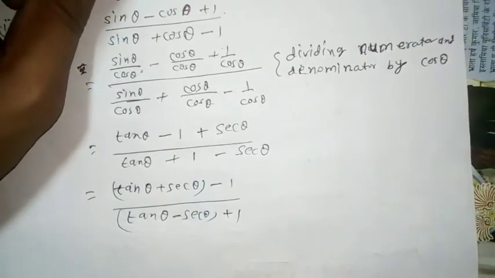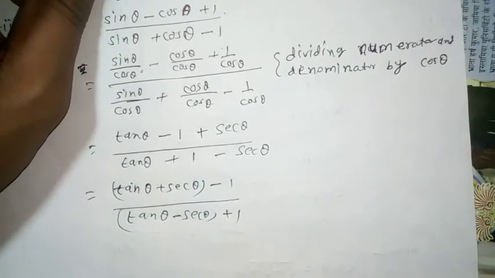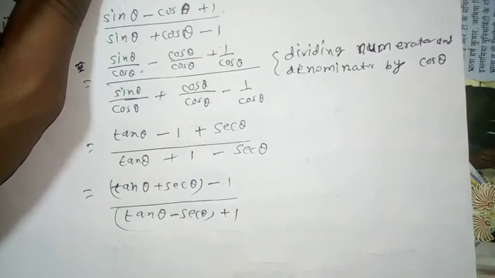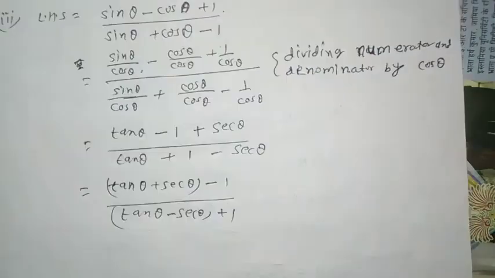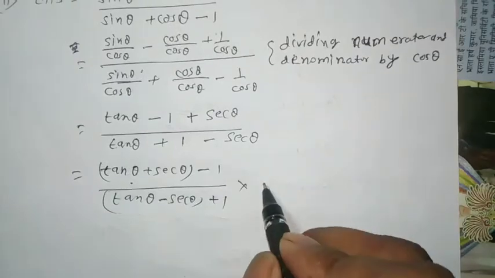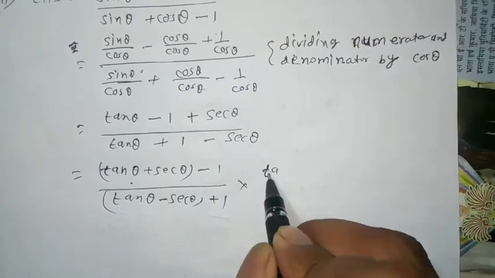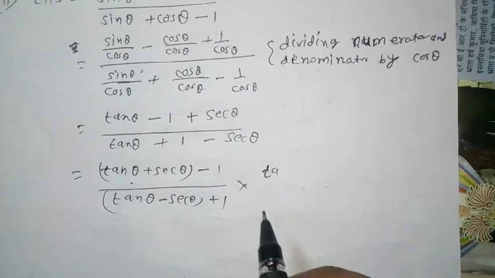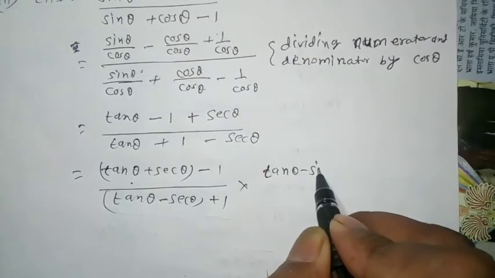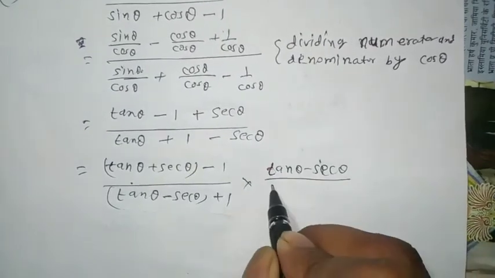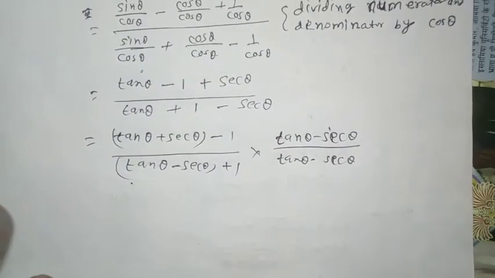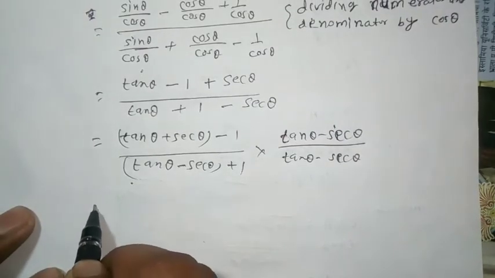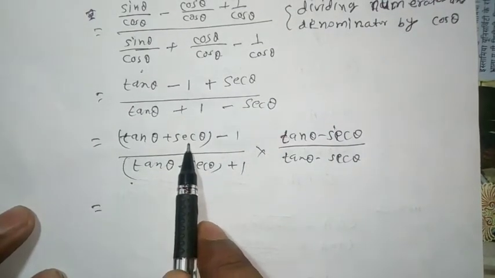Okay, now again we multiply tan theta minus sec theta by tan theta minus sec theta over tan theta plus sec theta.